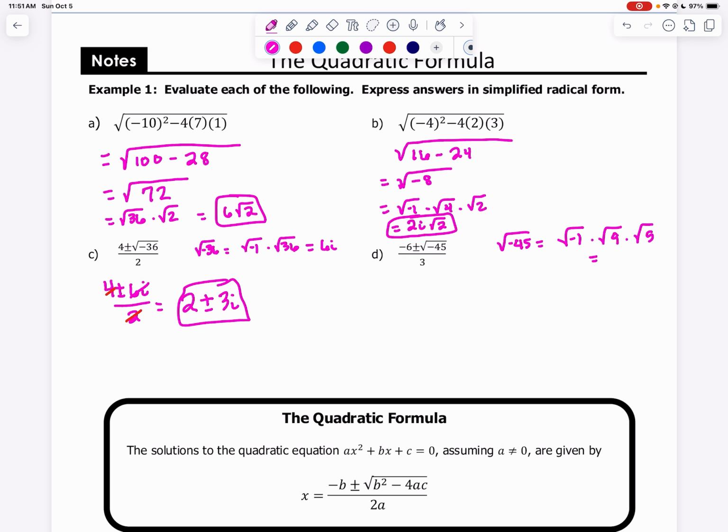The square root of negative 1 is i, the square root of 9 is 3, so this would be 3i square root 5. So we have negative 6 plus or minus 3i square root 5, divided by 3. Negative 6 divided by 3 is negative 2, and 3i square root 5 divided by 3 is i square root 5.